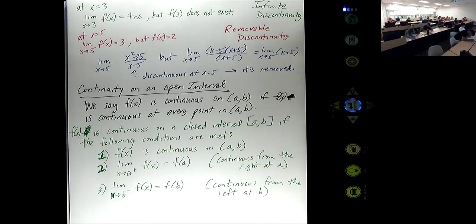It doesn't need to be from infinity, but just somewhere near it, as you approach it from that side.